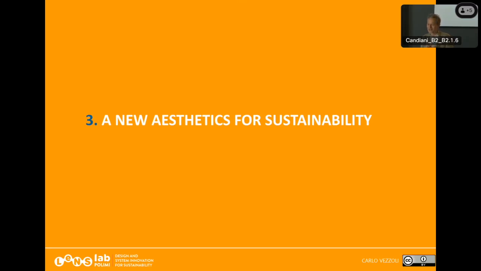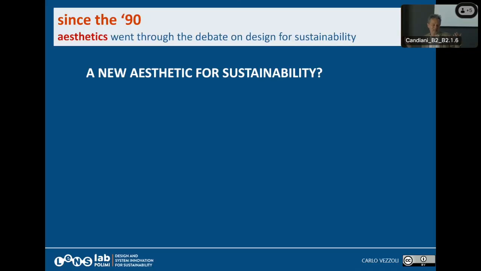I think that it is very important. The aesthetic dimension, which is not just the color of a given product, but all the dimensions of a product or a service that give the sensation of attractiveness and satisfaction in relation to a given product or product service system, is fundamental, so that we substitute unsustainable products or product service systems with sustainable ones. So we make not only technically sustainable products, but even aesthetically winning products, okay?